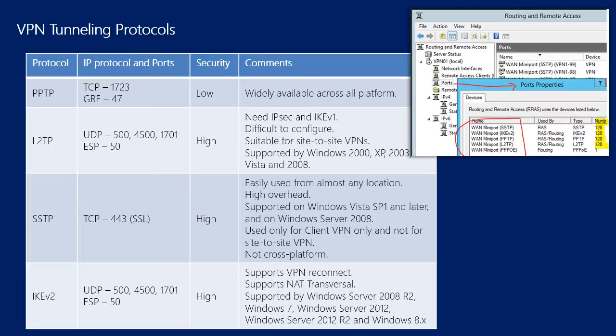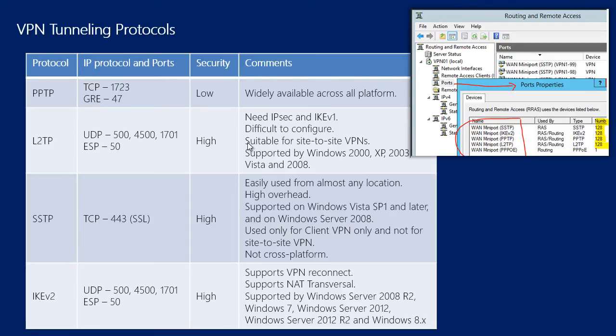So PPTP, point-to-point tunneling protocol, uses TCP port 1723 and GRE 47. It has very low security, but it is widely available across all platforms. L2TP, layer 2 tunneling protocol, uses ports 500, 4500, 1701 and ESP 50.